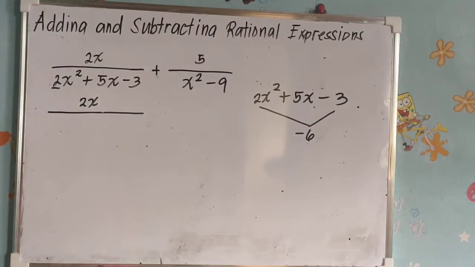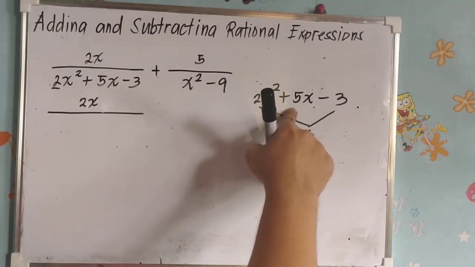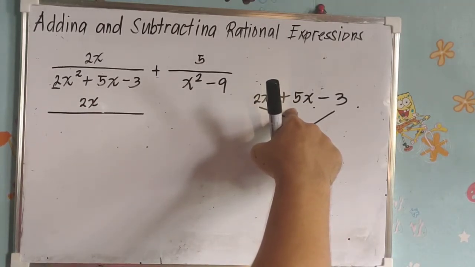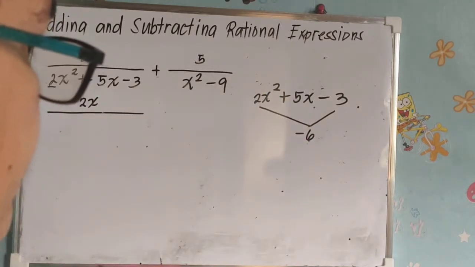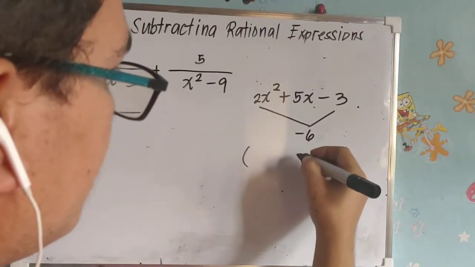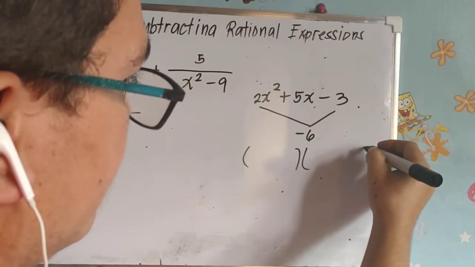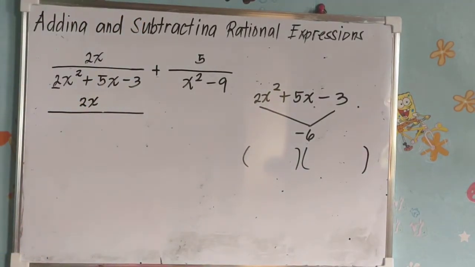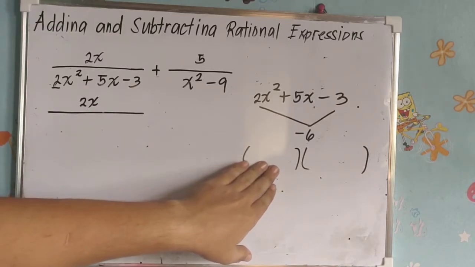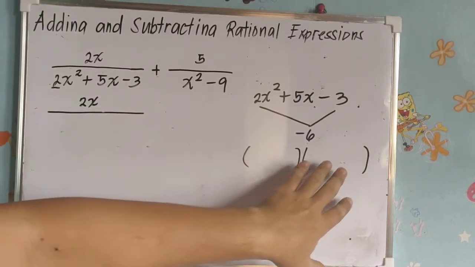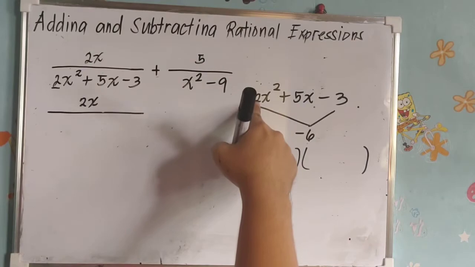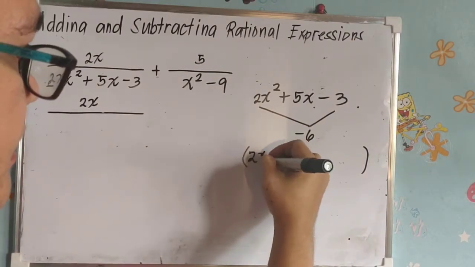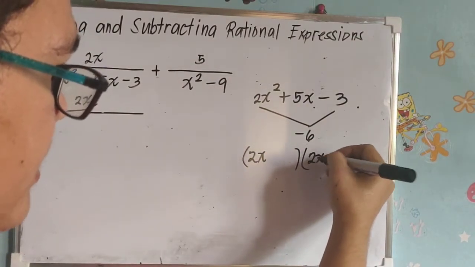So that means one of the factors is negative. And look at the middle term, it's positive, meaning the bigger number is positive. Okay, and let us make two empty quantities. So let's copy 2x and 2x here.